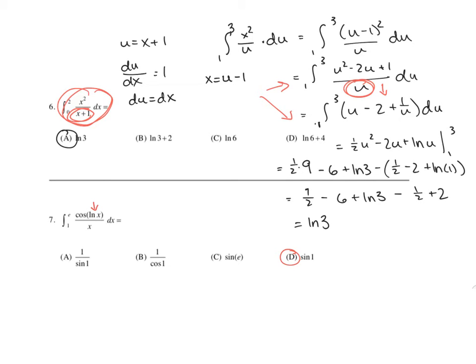So for this problem, if we have something that's in parentheses, a clearly defined inside function, that's going to be our u. So u is going to be ln x. So du dx is 1 over x, and x du equals dx. So we start to rewrite our problem. So I have cosine of u over x times x du.